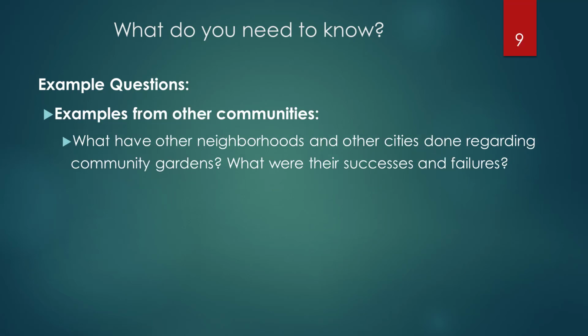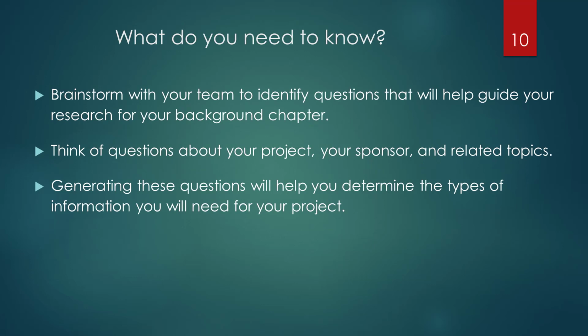Another important part of your research is to look at examples of similar projects from other communities. What can you learn from those projects? What lessons can be applied to your project? Work with your team to identify the different facets of your project.